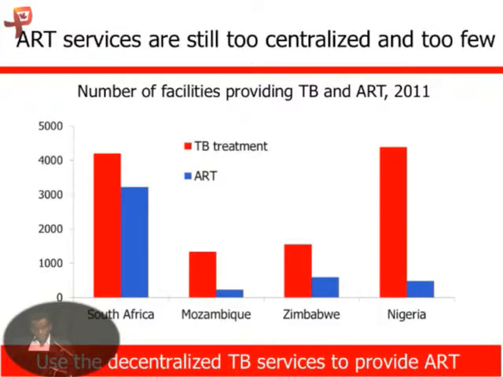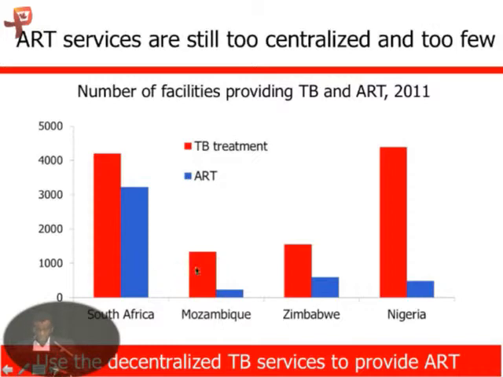So this slide shows again the disparity between the services for ART and TB in selected countries. Actually, these are the four biggest countries with the highest burden of HIV-associated TB in Africa. And as you can see, there are more TB providing facilities in red compared to ART facilities in blue.